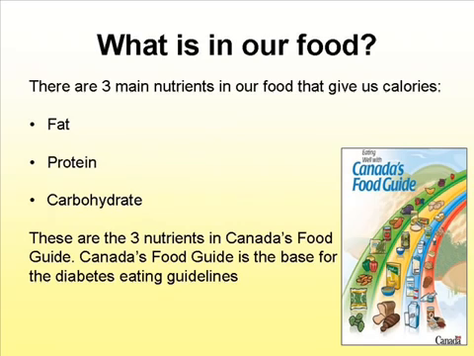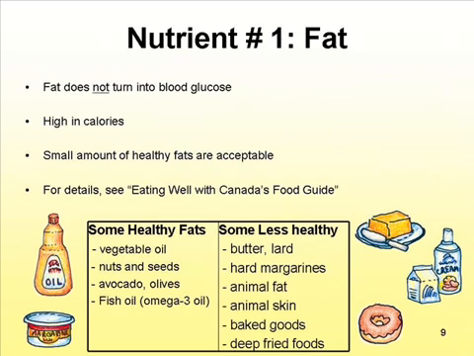There are 3 main nutrients in our food that give us calories: fat, protein, and carbohydrates. These are the 3 nutrients in Canada's food guide. First, fat. Fat does not turn into blood glucose, and it will not raise your blood glucose. However, fat is high in calories and can lead to increased body weight. Small amounts of fat, the healthy fats, are acceptable.